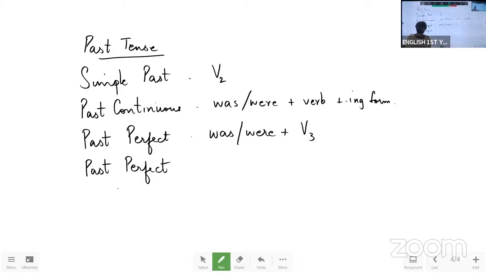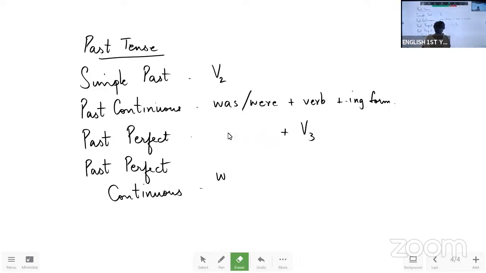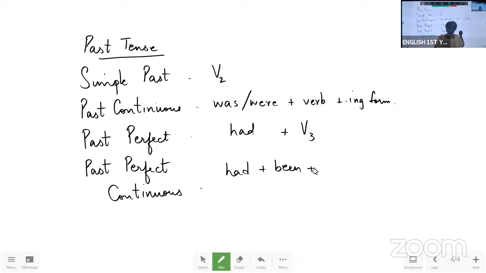Past perfect continuous. Had plus been plus verb plus ing form.